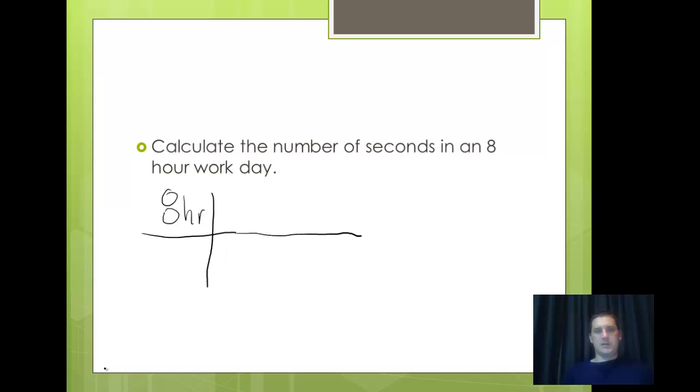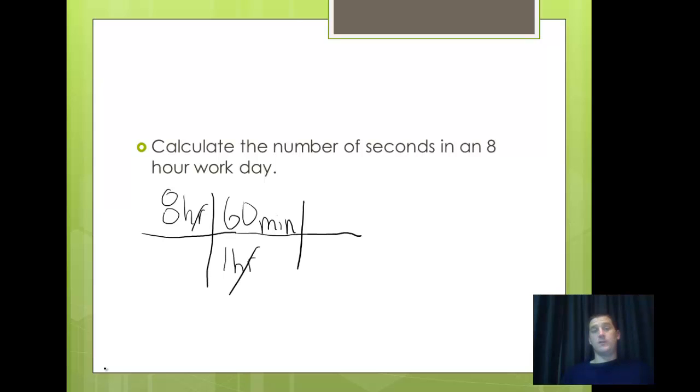So we have an hour here. Well, we know for every 1 hour, we have 60 minutes. Okay? So we're going to cancel out just our unit. We put this hour here because we're trying to cancel it out up here, so we have to divide by that unit. The number doesn't get canceled out, just the unit. The number we're going to multiply or divide at the end.